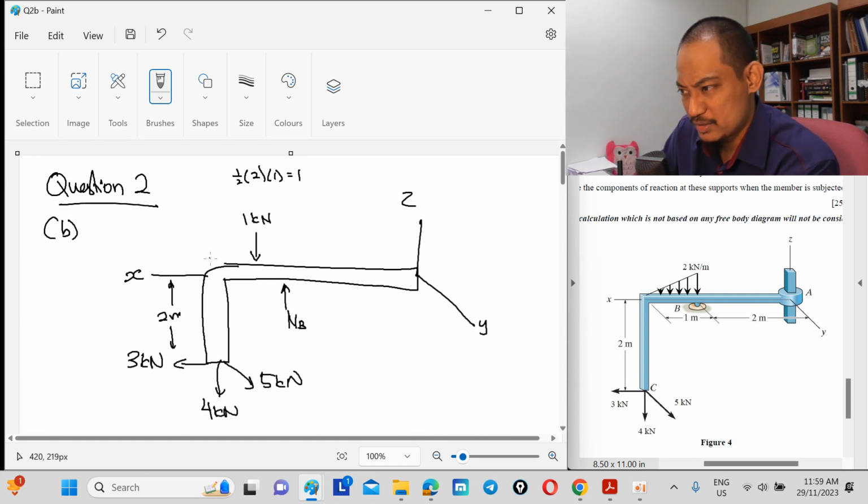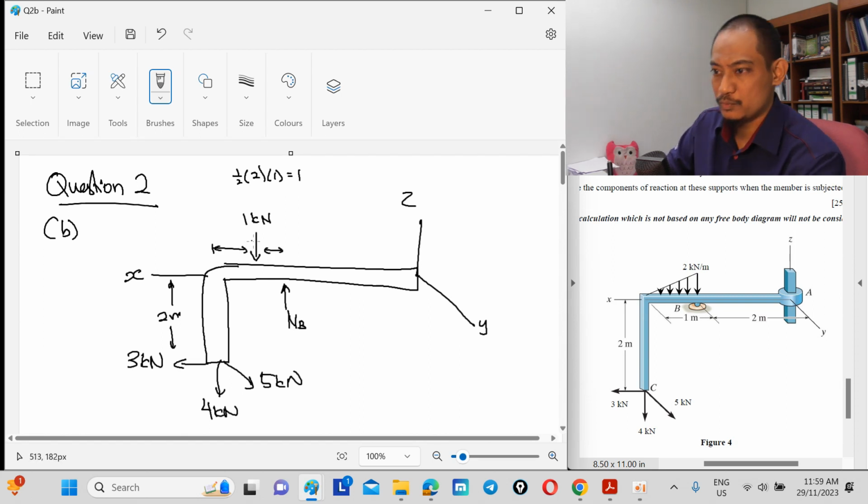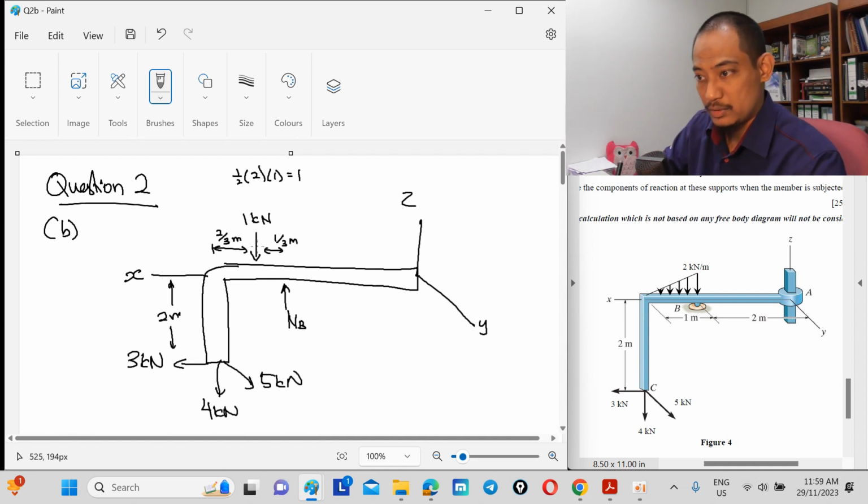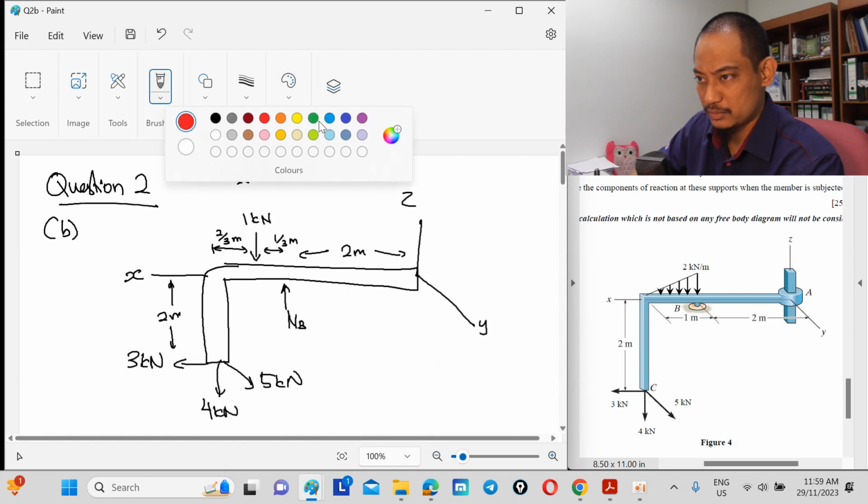Now in terms of the distance, because it's 1, this is 1/3 meter, this is 2/3 meter, and the remaining is 2 meter. I'll use a different color because this is confusing, right?